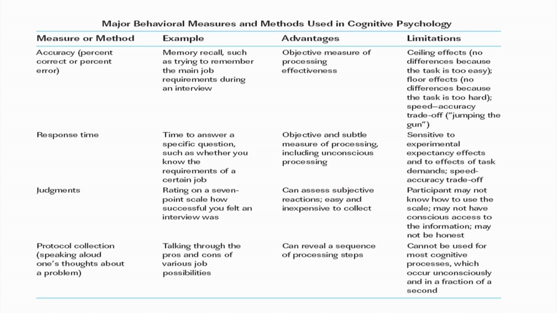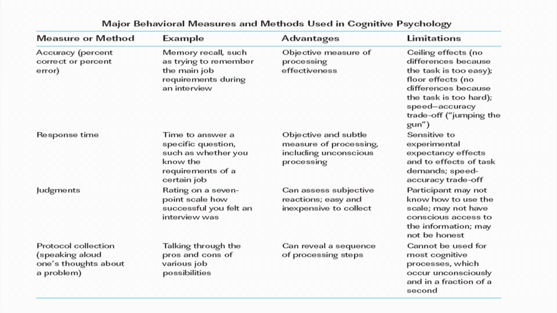The limit to the accuracy method is something called the ceiling effect and floor effect. Ceiling effect is when a task is made too easy, so that each person gets the highest score, and so it will be very difficult to find out the exact processing mechanism. Similar to this is the floor effect, in which a task is made so difficult that none of the people are able to solve it, and due to this we will not be able to ascertain what processing mechanisms are at play.